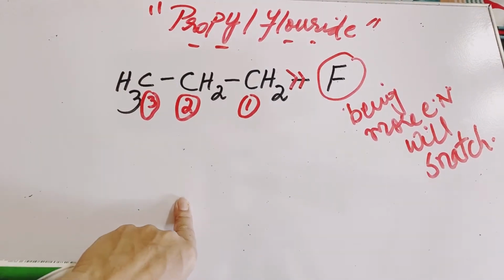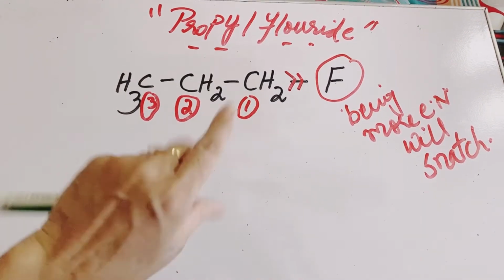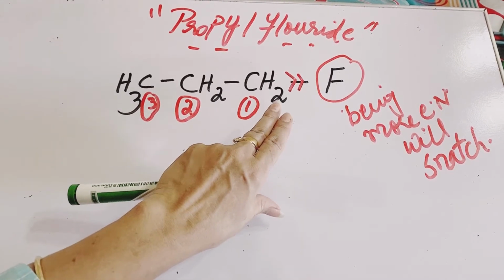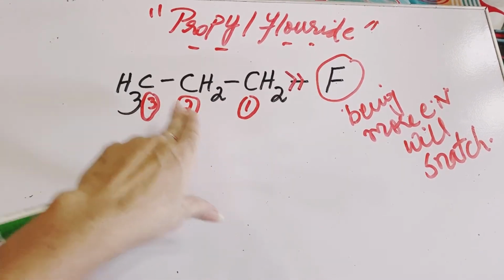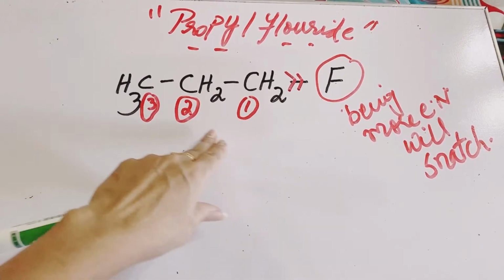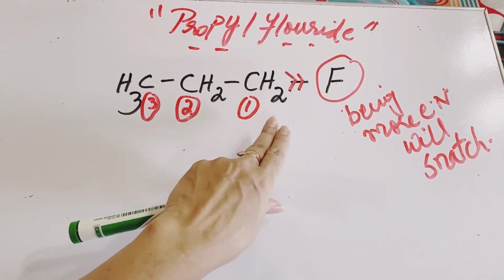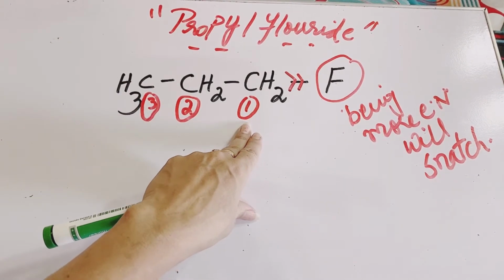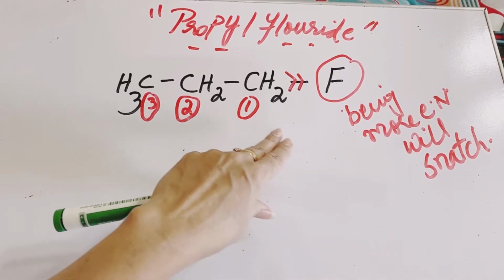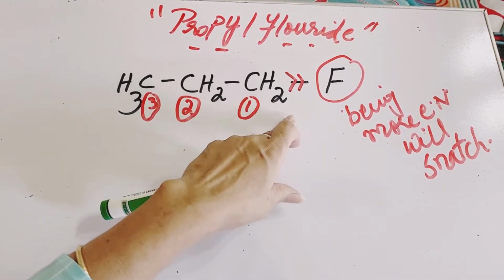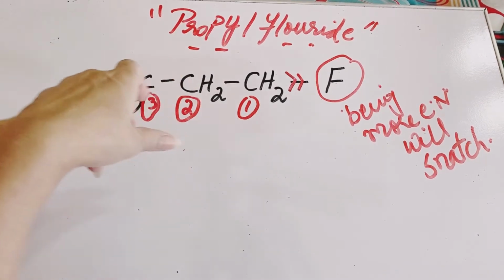And of course it will have a pulling effect not only on carbon number 1, but on 2 also and 3 also. But as the chain goes a bit longer, the effect gets lesser. First of all, it will pull the electrons of carbon number 1, then carbon number 2 and carbon number 3, and so on.